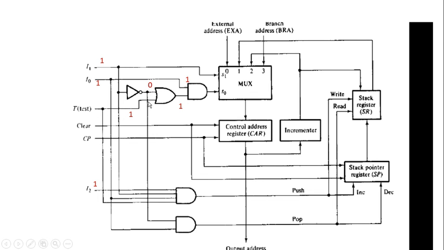One of the two inputs of this OR operation is 1, so the output of OR is 1. Again the two inputs of this AND become 1, so S0 again becomes 1. This is the case 1 1, which is 3 in decimal. So 3 in decimal means it is going to branch to a location which is specified in the address field of the current microinstruction.